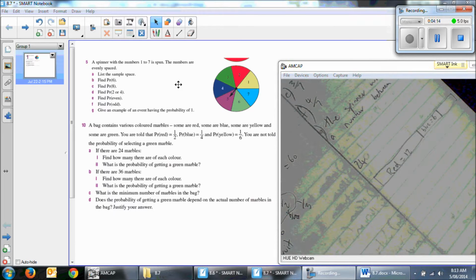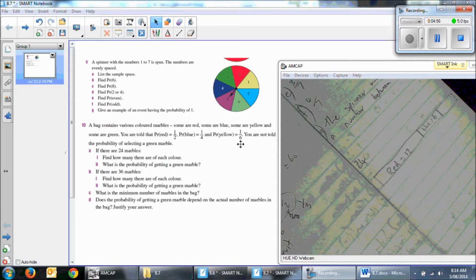Okay, and then we're left with a sixth being yellow, and also we don't know how many green marbles there are. So we need to work out how many yellow marbles there are. If we work out how many yellow marbles there are, we can then decide how many we have in just by taking away how many marbles are going to be green. So the easiest way to do that is we have 24 marbles.